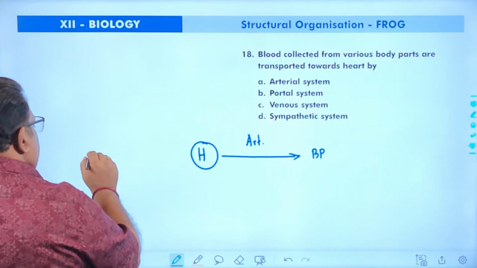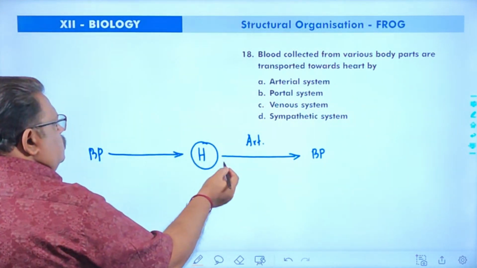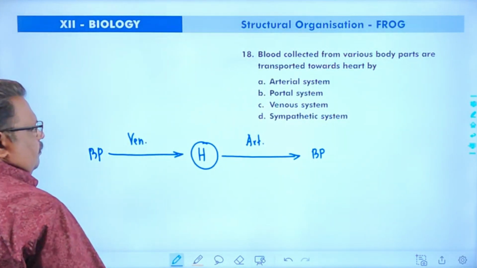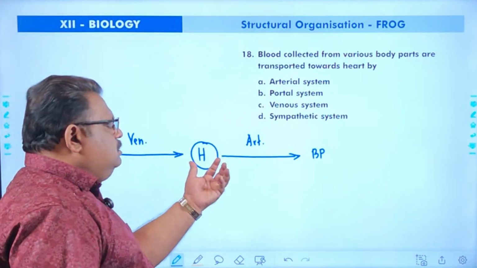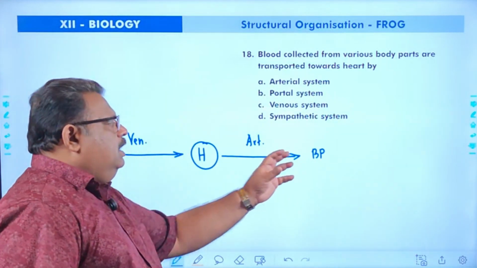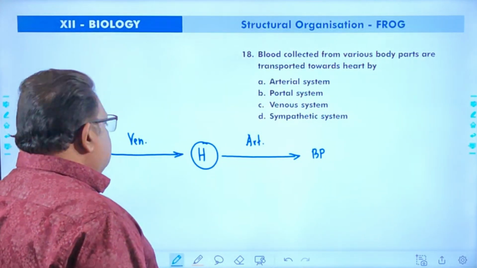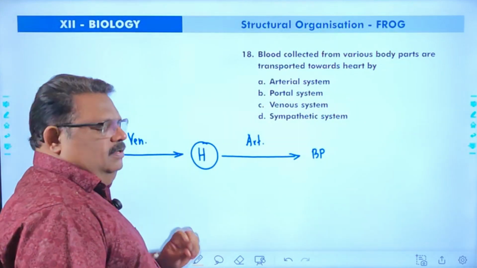From the different body parts, the blood is transported towards heart by a system called venous system. The arterial system, arteries start as main vessels from heart and end as capillaries in different body parts. Then venous system starts as capillaries from different body parts and ends as main vessels in heart.